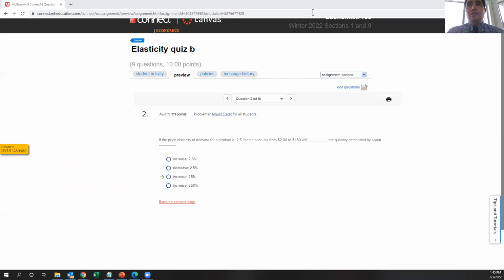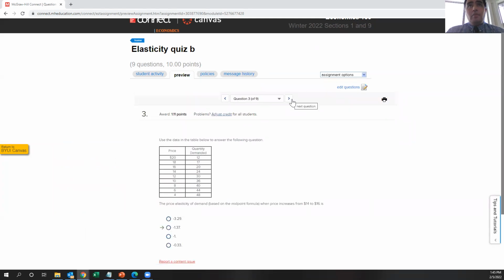Let's look at the next question on the quiz. Use the data in the table below to answer the following questions. The price elasticity of demand based on the midpoint formula when the price increases from $14 to $16. So we're looking at these two with the corresponding quantities of those two.